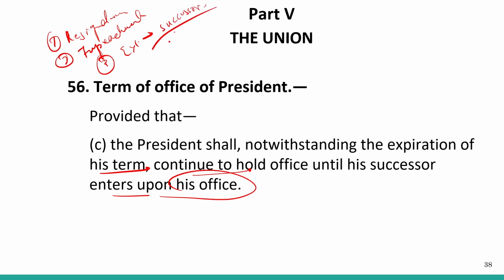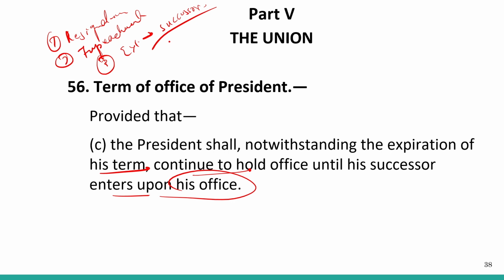Sometimes what happens is that it takes some time from one president to the next whenever there are elections, because elections take place at certain times, and it becomes highly impossible for the president's successor to be in place just after completion of the tenure. Another president might get elected, because different elections are taking place in different regions.